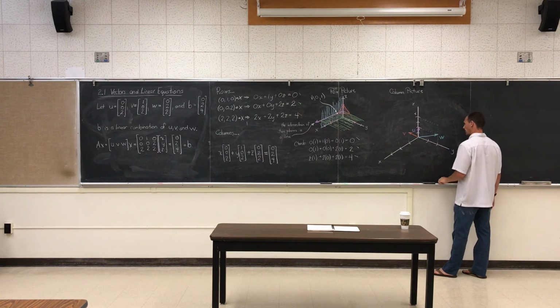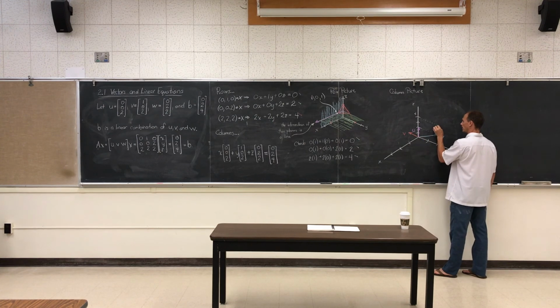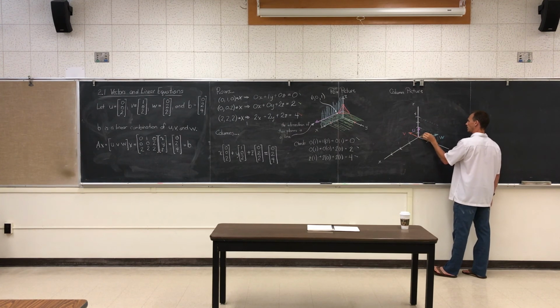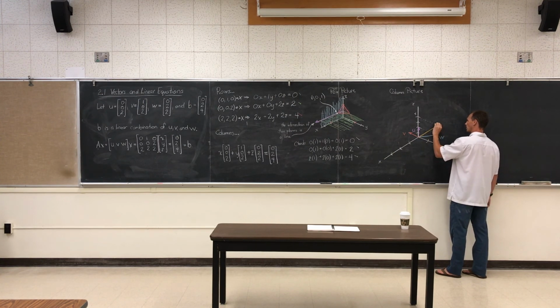It's right there. So let's graph this. The vector B is going to be right here. Okay, there's B.